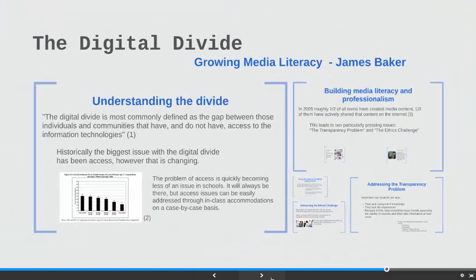Growing this new media literacy is something that we are going to be working on for a while as educators in America, because the technology is always evolving and something new is always going to happen. But we can no longer just bury our head in the sand and pretend that we don't need to teach our kids how to do this stuff.